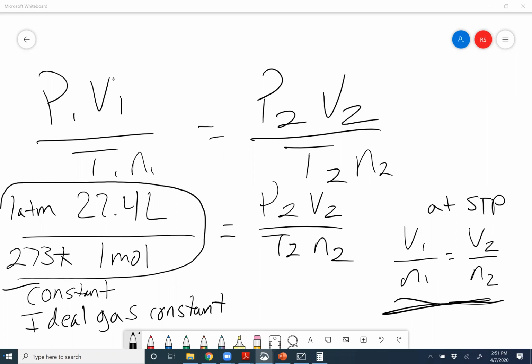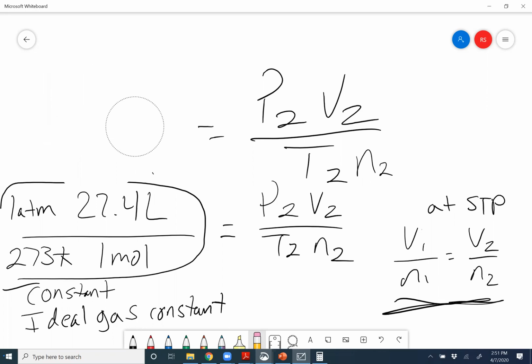Instead of PV over T and N equals PV over T and N, we can delete this and just write the constant R. And since we're not going to be measuring 2 states, we're just going to be measuring 1 and comparing it to this ideal condition, which we already know the numbers of, we can drop the 2's.